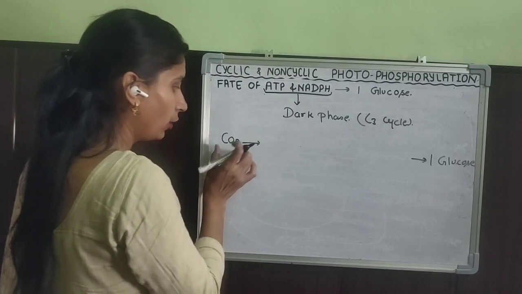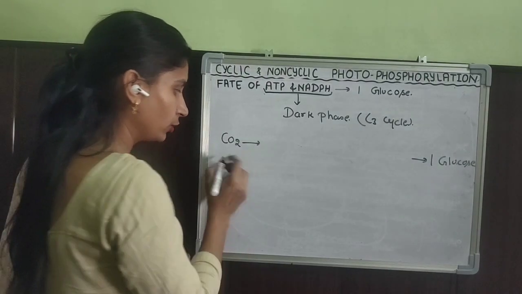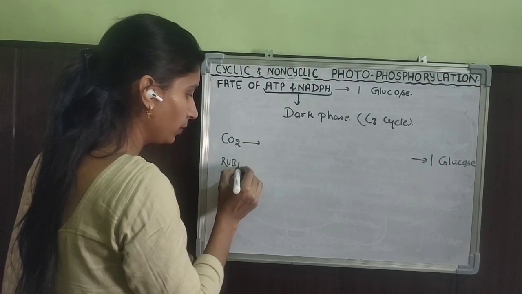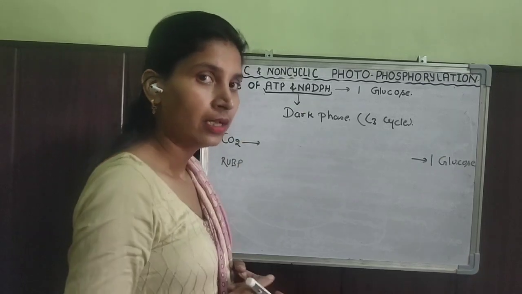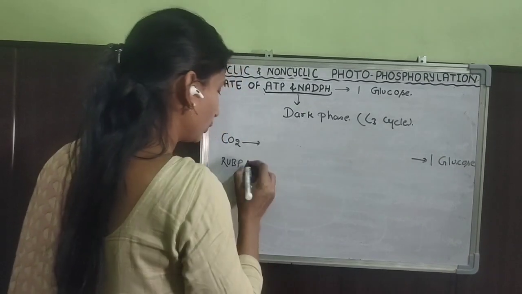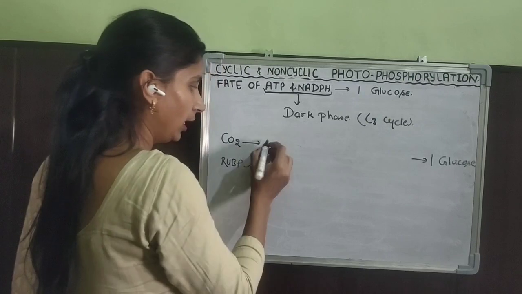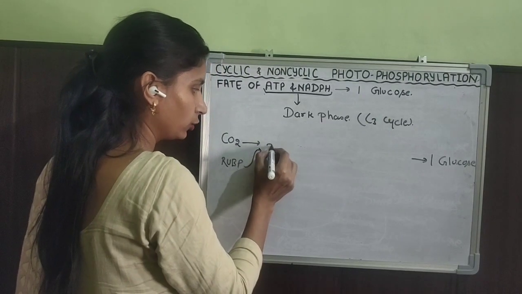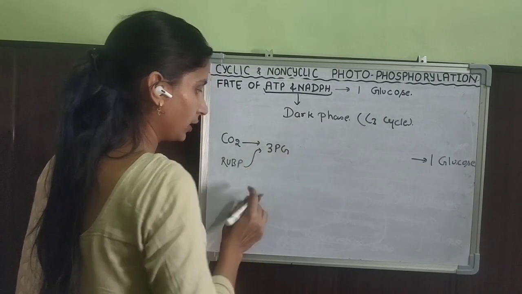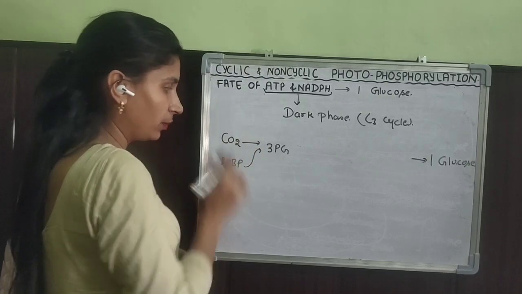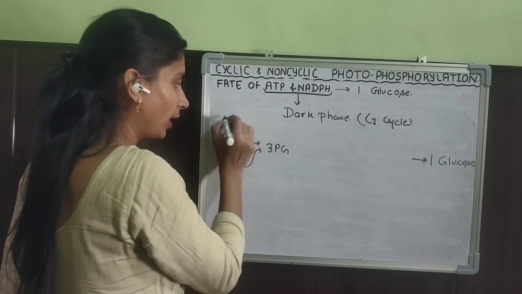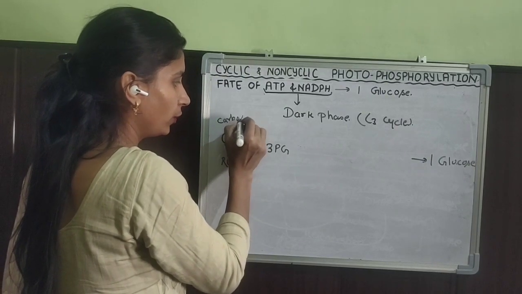The first step is when carbon dioxide gets trapped into the system, where RuBP, also called ribulose bisphosphate, gets incorporated to produce 3-phosphoglycerate. This step is known as the carboxylation phase.